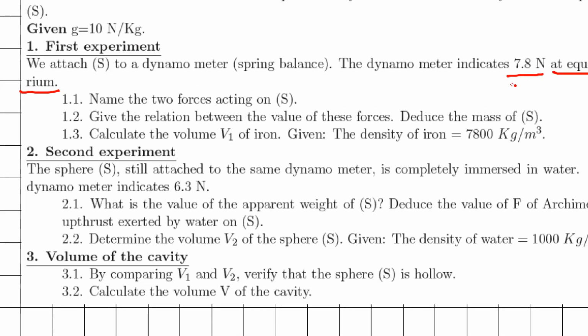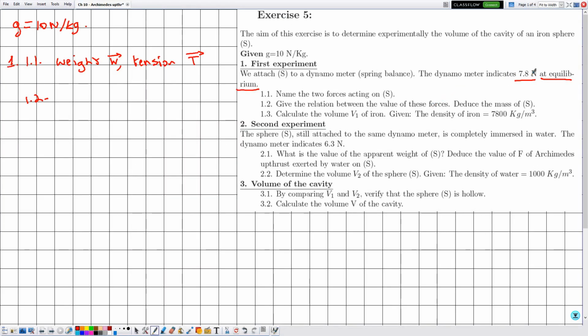Give the relation between the value of these forces. And here, by the relation between these forces, they mean the vector relation, which holds at equilibrium. Then let's write as a title at equilibrium. Then how do we apply this condition?